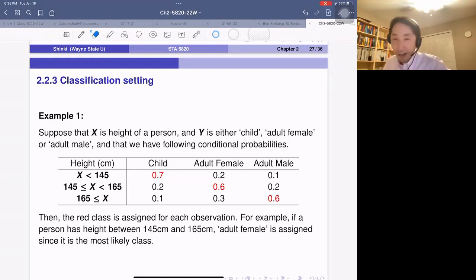But we don't have a good system, so just based on height, we judge whether the person is a child, adult male, or adult female.